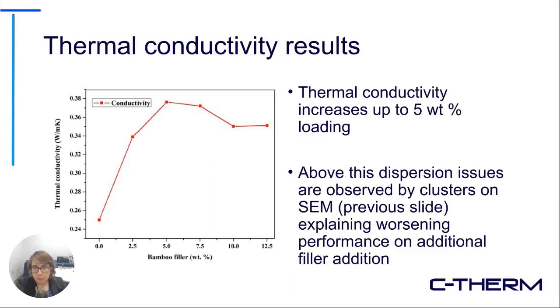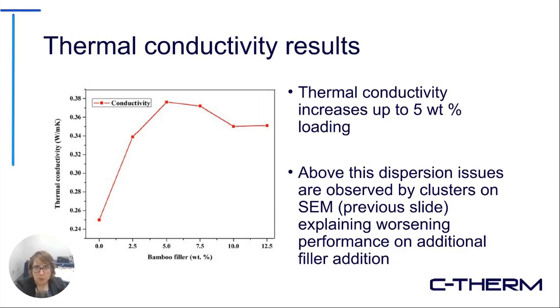And when they look at the thermal conductivity results as a function of the bamboo filler weight percentage, you can see that those clusters that we noted on the SEM images do seem to be decreasing the overall efficiency of the heat transfer. Up to 5 weight% loading, however, the addition of bamboo does improve the thermal conductivity of the composite material.